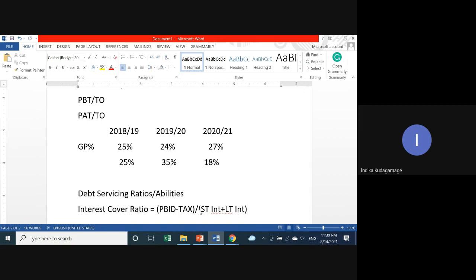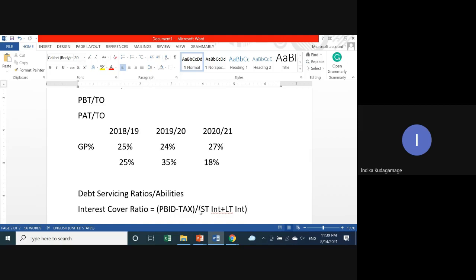How many times your interest is covered by the profit before interest and depreciation. We calculate this ratio to find out the business's ability to service short-term facilities. As I told you earlier, short-term facility capital is serviced by liquidating current assets, but your interest portion is serviced by the profitability.